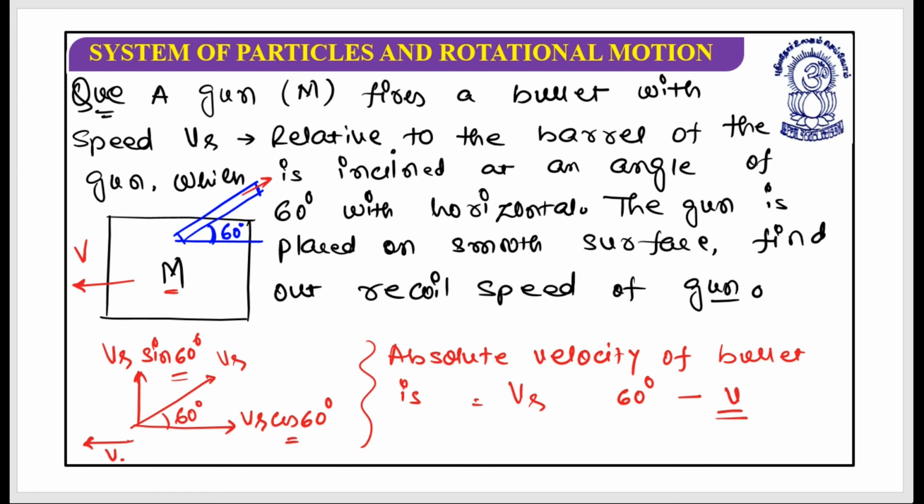It's VR cos 60. Sorry. In the horizontal direction, it's VR cos 60 minus V.